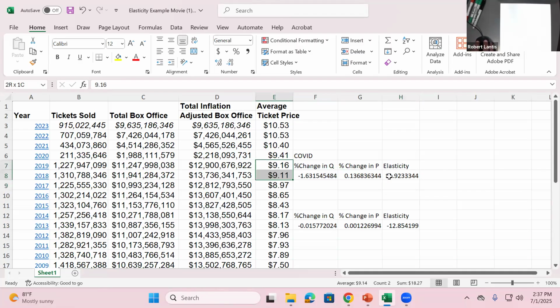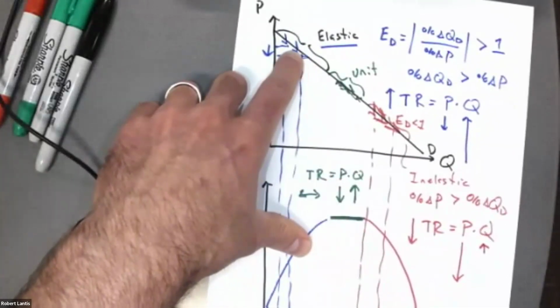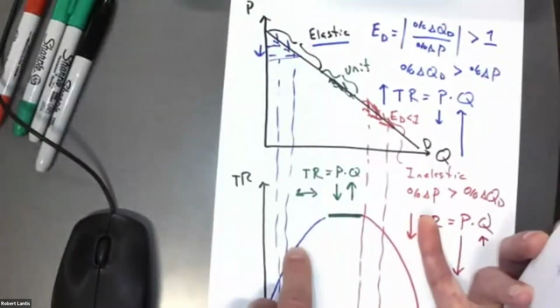So here, I've got that demand is very elastic, right? So if I have elastic demand and I increase the price, what should that have done to my total revenues? Well, if we go back to our total revenue here, if I'm on the elastic portion and I increase the price, that should actually lower total revenues.